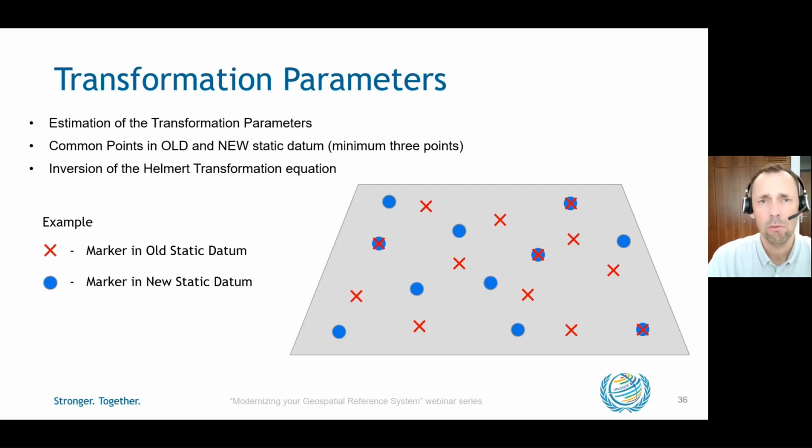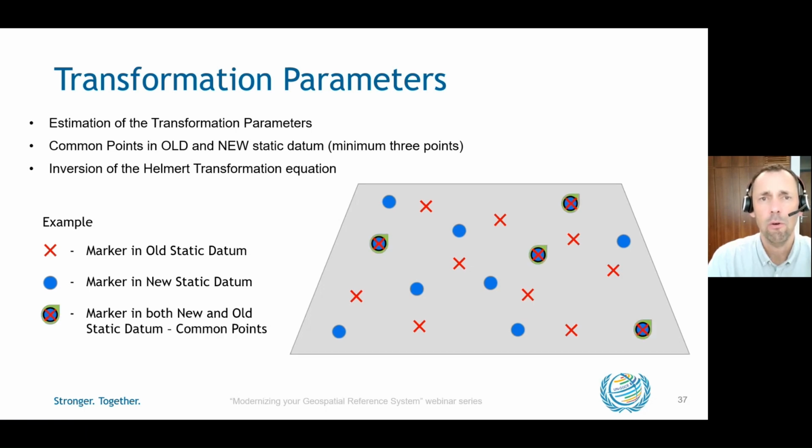Now, we include in the graphic with the blue dots survey markers in the new static datum. And now, marked in green, you see that some points have coordinates in both static datums, points with red cross and blue dots. These common points can be used for the estimation of the 7 parameters.